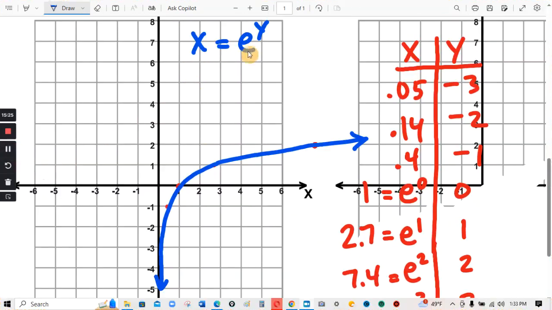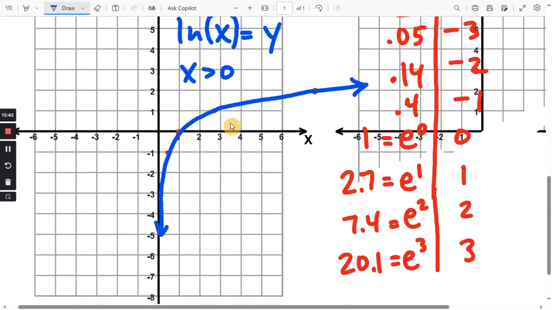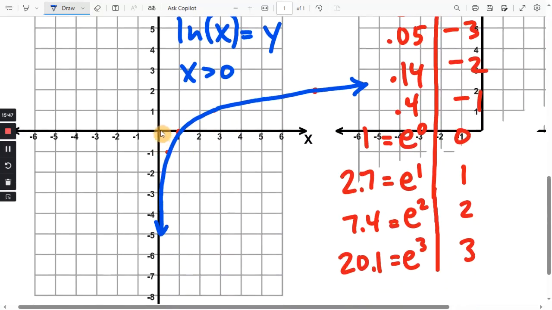All right, so this was x equals e to the y, and that is the same as ln of x equals y. Okay, and the thing that you are taking the log of, the argument, has to be greater than 0. So x must be greater than 0, and that is exactly what happened right here. X is greater than 0.